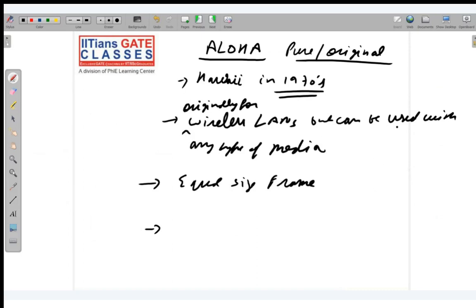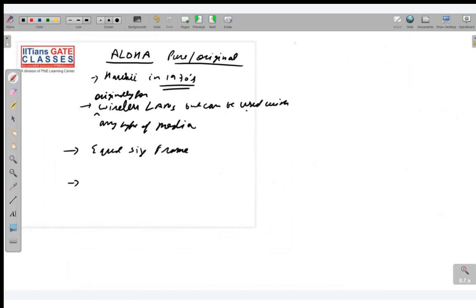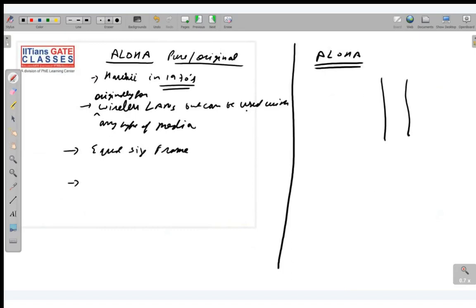I will first tell you the analogy, and then I will start this protocol so that you get more clarity. What Aloha is saying is, for example, this is a highway and you are on a service lane, and you want to take your car onto this highway. Aloha says you do it blindly, and whatever happens is your fate or luck.